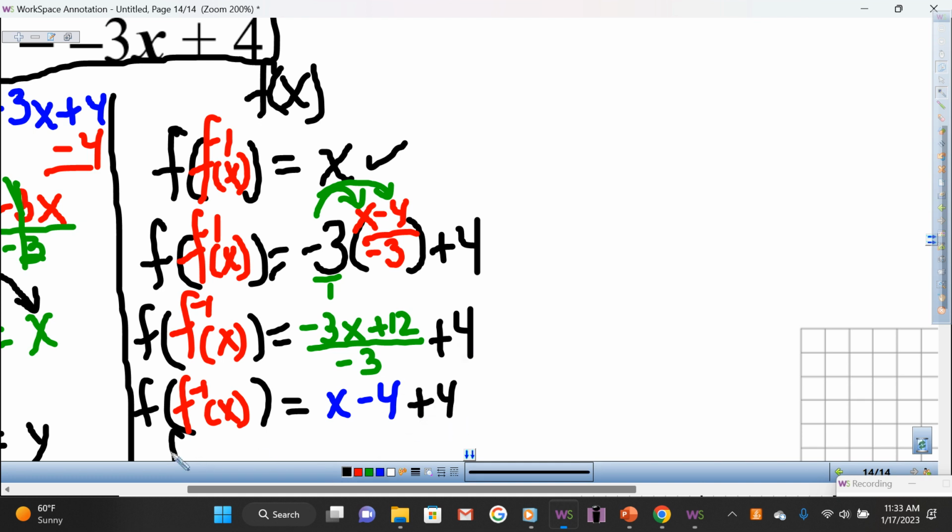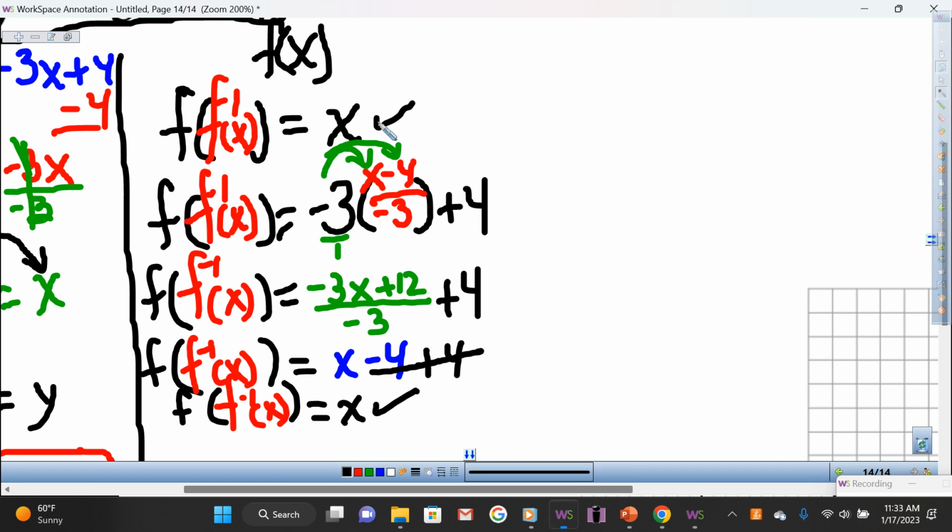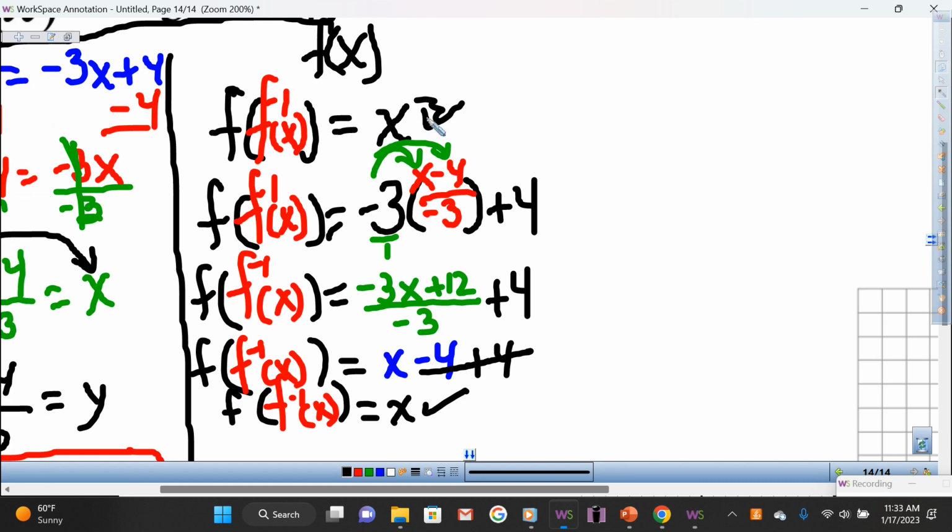And last but not least, what is negative 4 plus 4? And that leaves us with, did we end up with what we needed to end up with? Yes. Copy that, please.